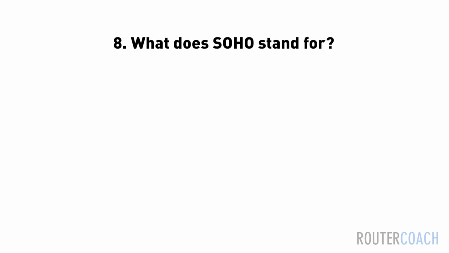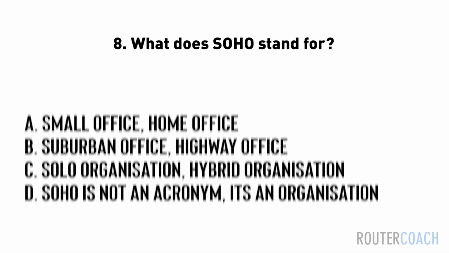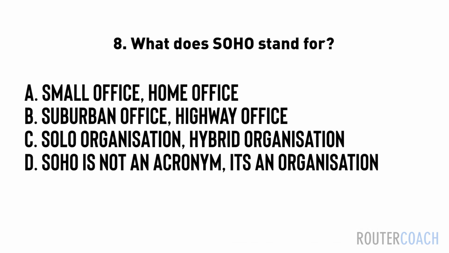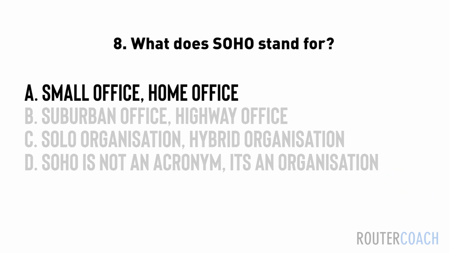What does SOHO stand for? A. Small office, home office. B. Suburban office, highway office. C. Solo organization, hybrid organization. D. SOHO is not an acronym, it's an organization. The answer is A.